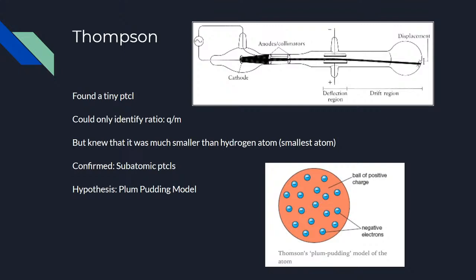And the best he could do was that this unknown particle, whatever it was, was incredibly small, much, much smaller than the hydrogen atom. And at this point, they had already been measuring the masses of atoms for quite some time. They knew the mass of the hydrogen atom, and they knew that it was the smallest possible atom.